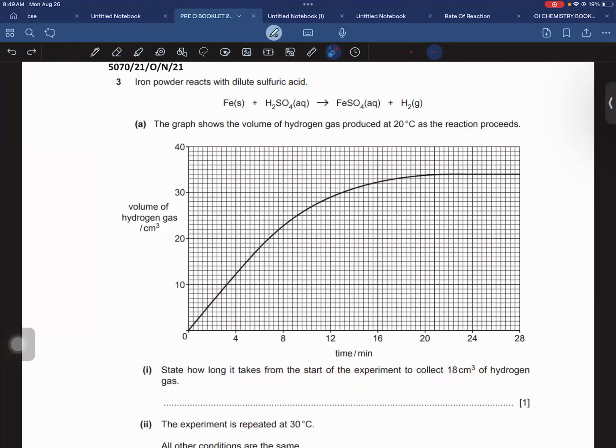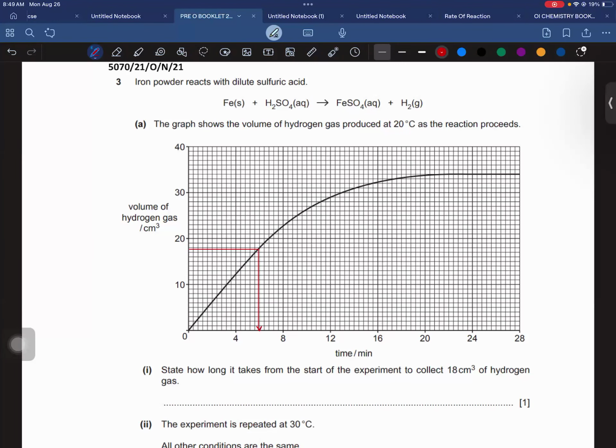So this is 20 and this should be 11, 12, 13, 14, 15, 16, 17, 18. This is 18 cm cube. And this is the time.